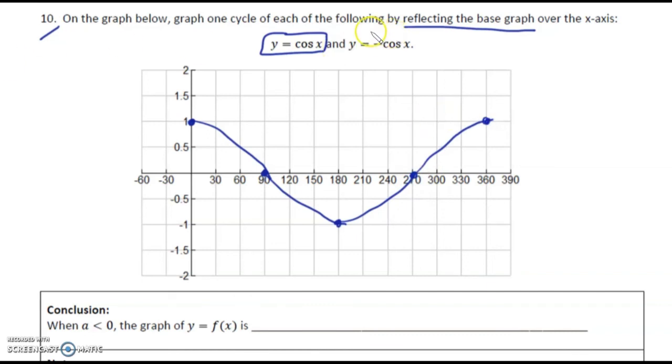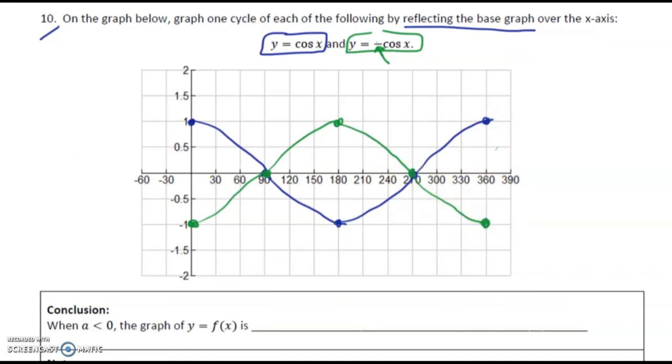Now, negative cos x. Because this is negative, we're going to reflect the 1, and it's going to go to negative 1. The two x-intercepts are the same, so those don't change. And we're going to reflect this negative 1 to 1, and this 1 to negative 1.